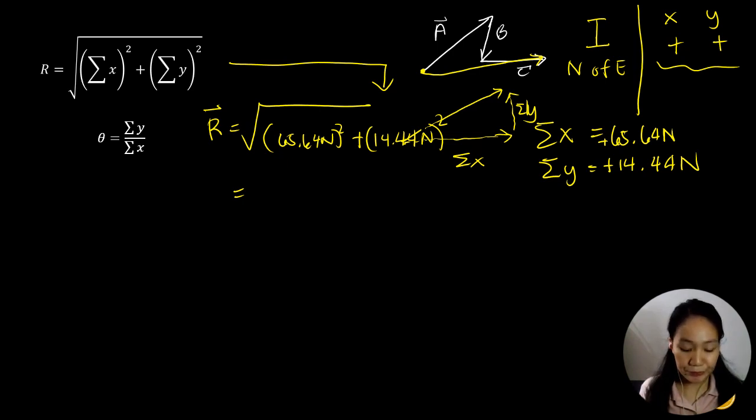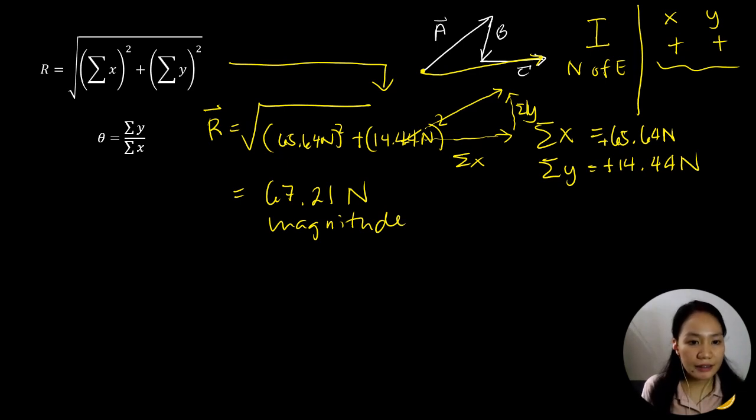And then if you take the square root, the answer should be 67.21 newtons. Okay, now this is only the magnitude of the vector. Now, the last step is to determine its direction because a vector has both magnitude and direction.